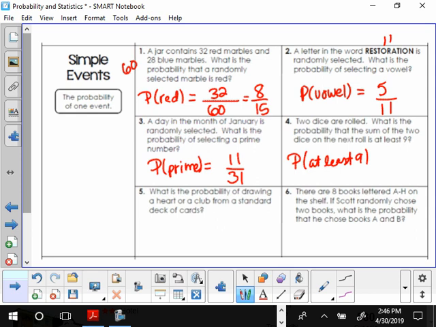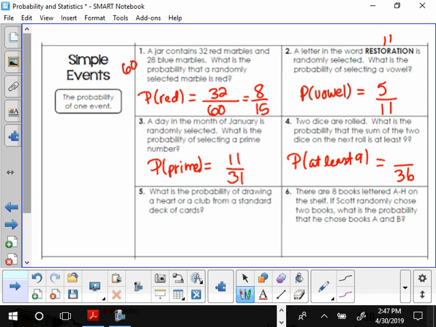Well, first, before we go on, what's the sample space when you roll 2 dice? If there's 6 here and 6 here, 6 times 6 is 36. So we know we're looking at 36 possibilities. Of those 36 possibilities, we're looking for the ones that add up to 9.